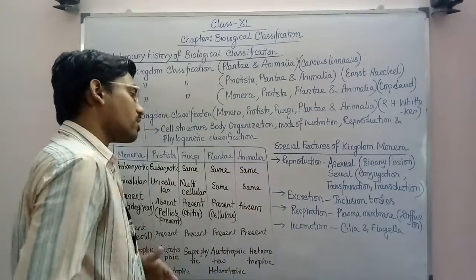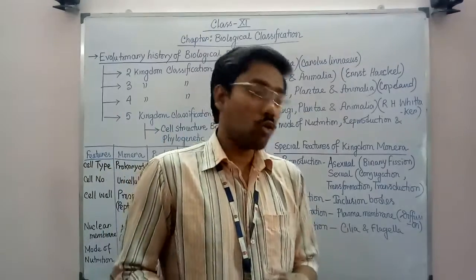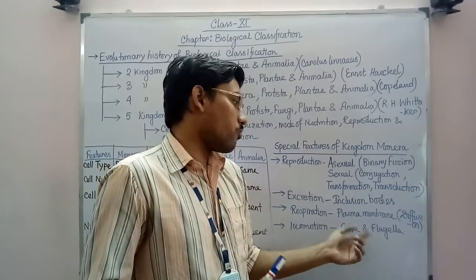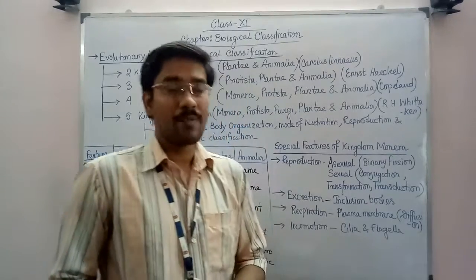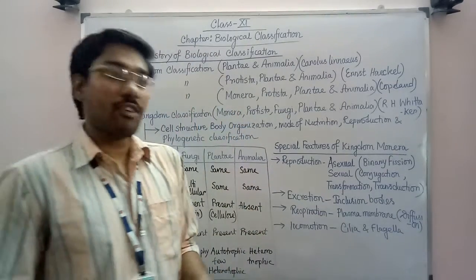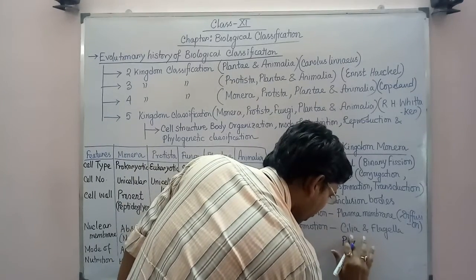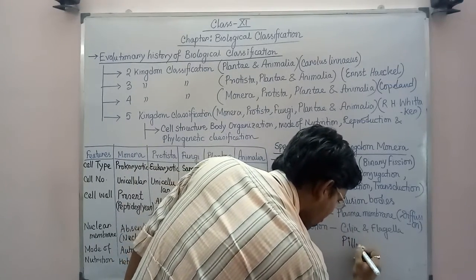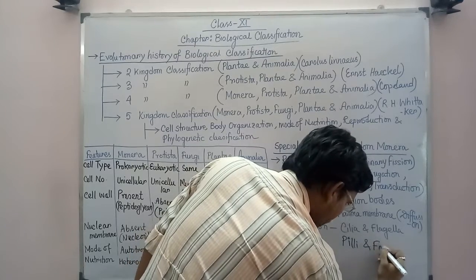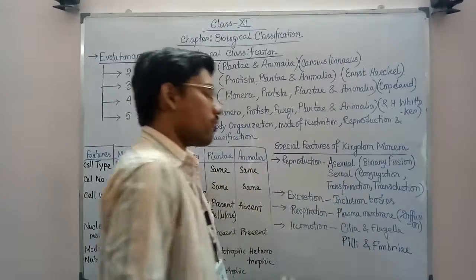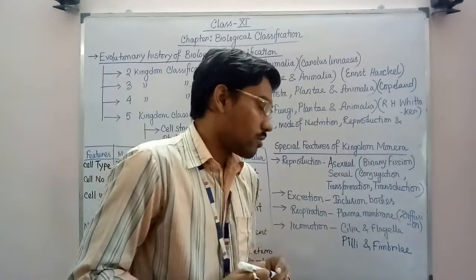And the last point of the special feature is locomotion. In locomotion, you can see they are mostly locomoting with the help of locomotory organs like cilia and flagella. Sometimes they are using pili and fimbriae also. Here I am writing pili and fimbriae. These specific structures are specifically required for sexual reproduction, mainly during conjugation.